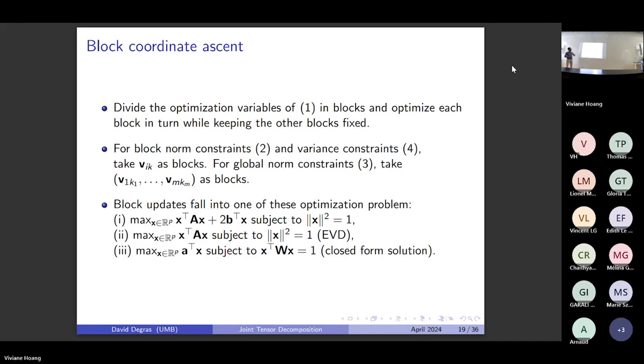And so when we use some norm constraints, if I say I want the norm of my rank 1 tensor VI to be 1, or if I use some variance constraints, then the natural block is the VIKs themselves. If we're looking at the global norm constraints, so that I was saying that on average, the squared norm of my tensors is 1, then we can take 1 block per data set and update simultaneously.